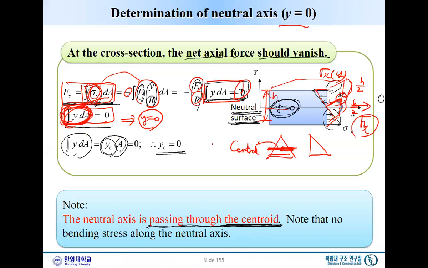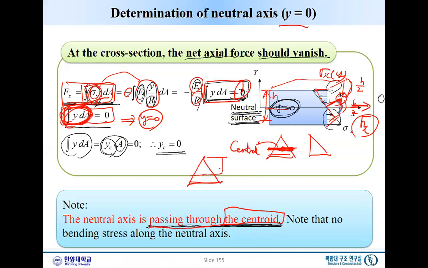Right? So it's clear that the neutral axis should pass through the centroid. Okay, that's the final conclusion. So in a triangle, where is the centroid?